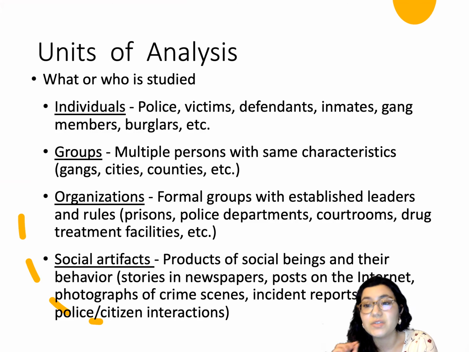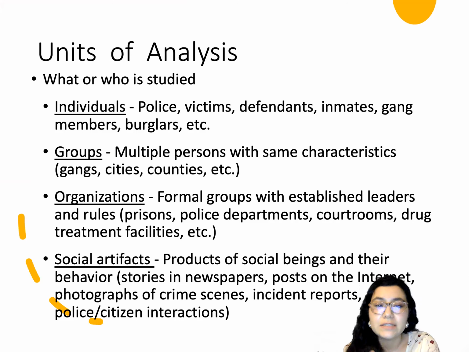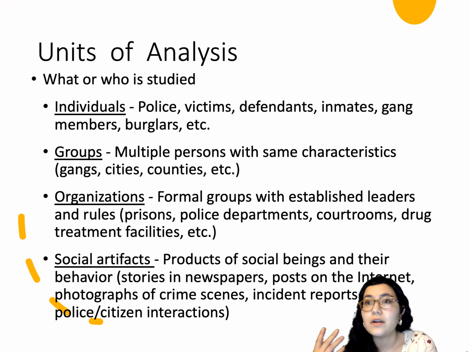And what did we say? We said people. So it's an individual that we're talking about. So individuals include police, victims, defendants, inmates, gang members, burglars, or maybe you're not into criminal justice and you're thinking of children or teachers or lawmakers, but we're talking about individual units.